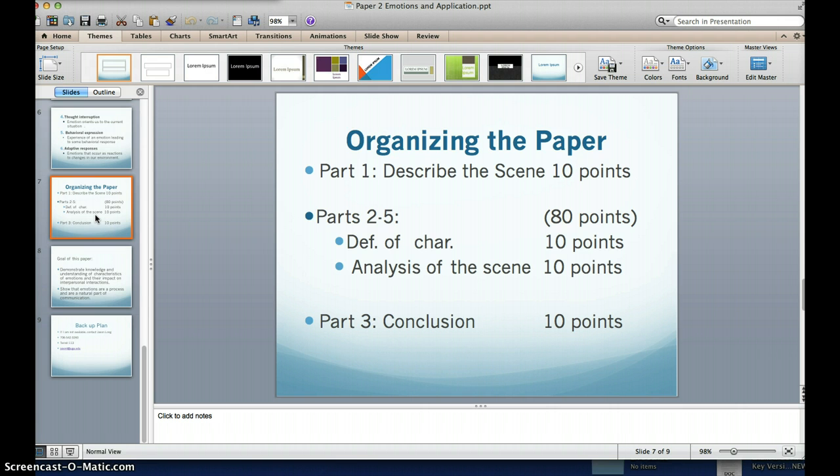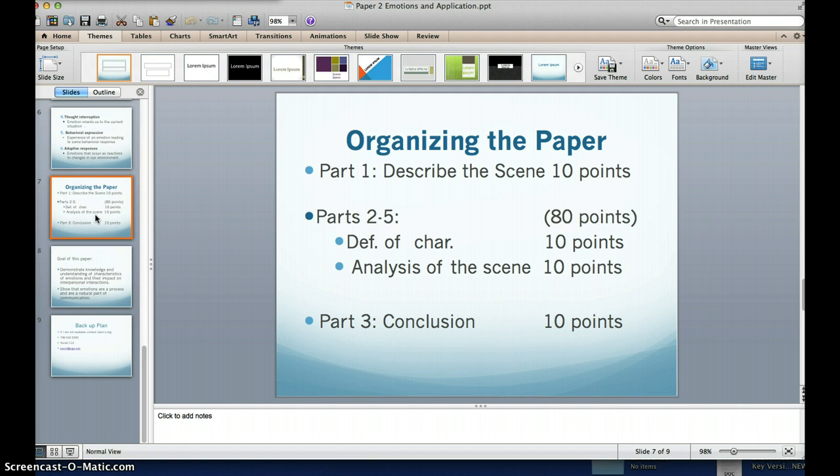After you've described the first characteristic, you'll then shift to the second characteristic, defining it and analyzing the scene, and so on. So you'll present the characteristics in the same format, with 1 being presented first, then 2, 3, and then 4.